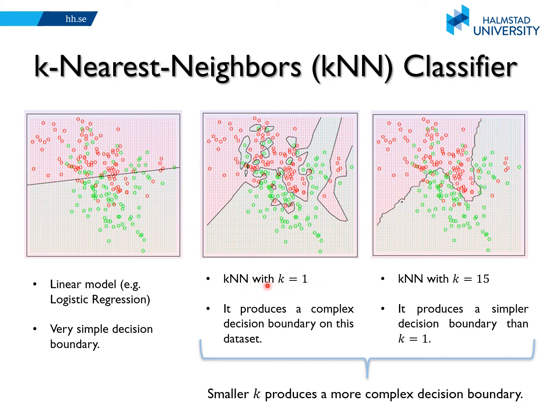And you can clearly see that when k is small, this will lead to a more complex decision boundary, as you can see here. So in this case, all the training data points are correctly classified, even those outliers or this noise.